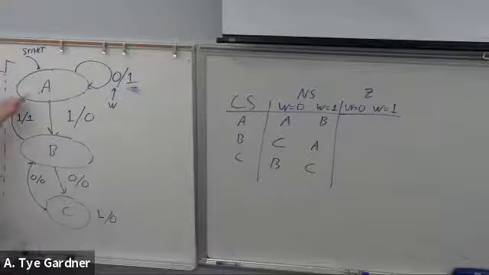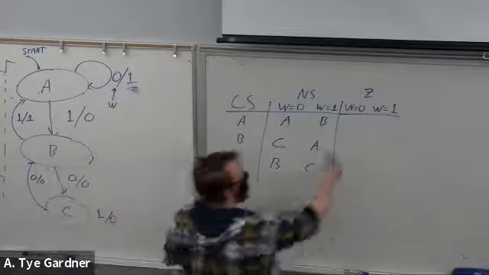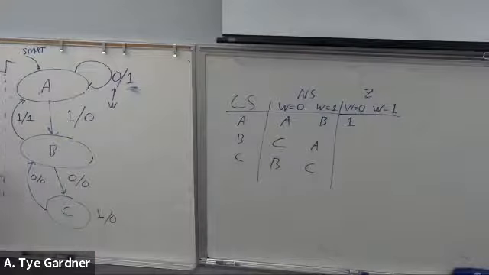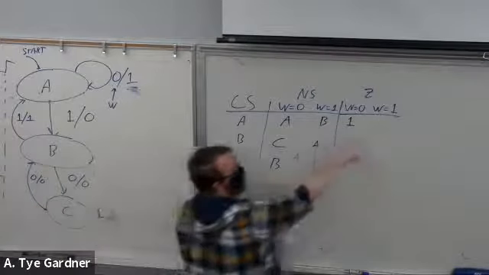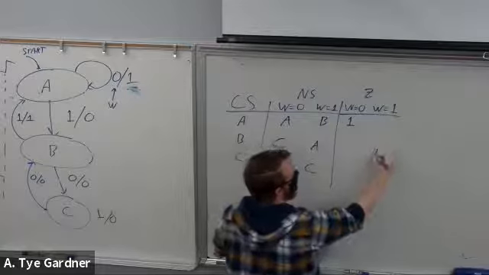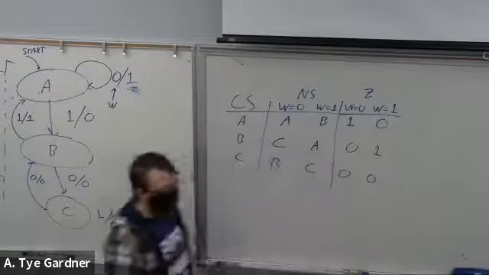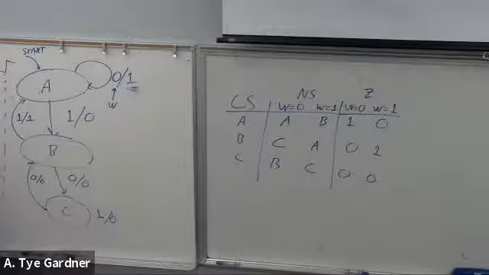Well, if I'm in state A and I get a 0, I get a 1. And there's only one other spot that I get a 1, so I can simplify this out, right? Is if I'm in B and I get a 1. In B, W is 1, I get a 1. Otherwise, there. So that's all a state table is doing.